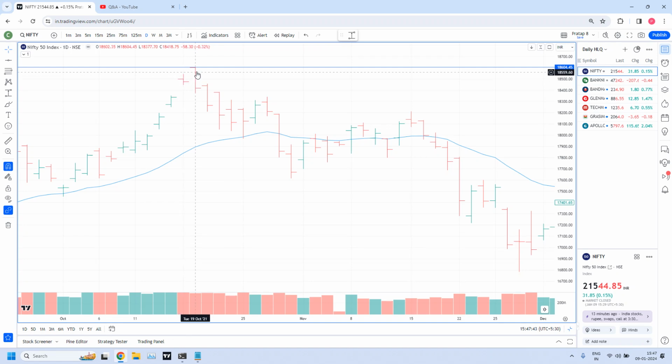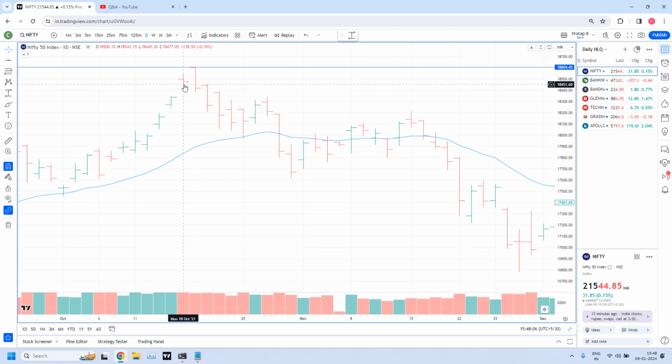Look into this candle. Is this candle's high higher than the previous candle's high? Yes. And the recent candle's low is lower than the previous candle's low. See here, recent candle low and previous candle low. And also the recent candle's close is lower than the previous candle.